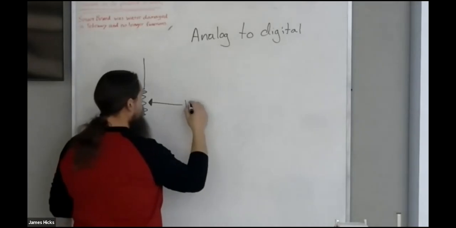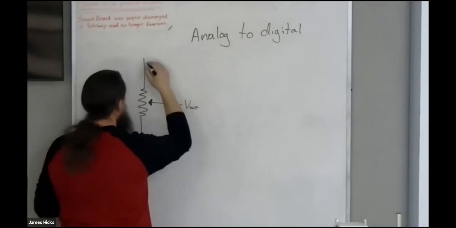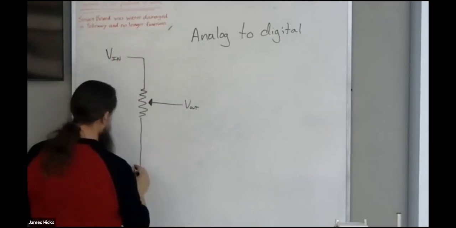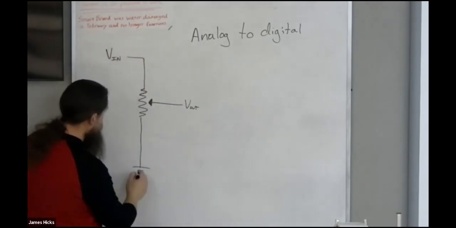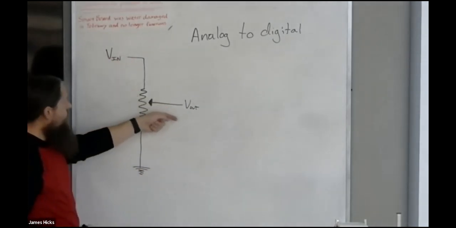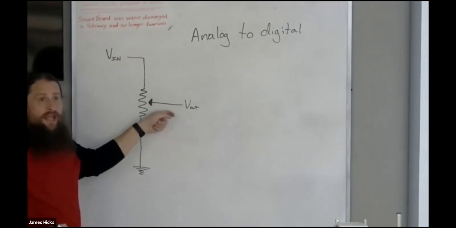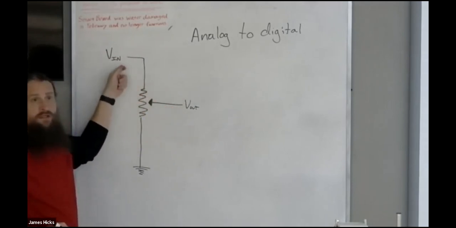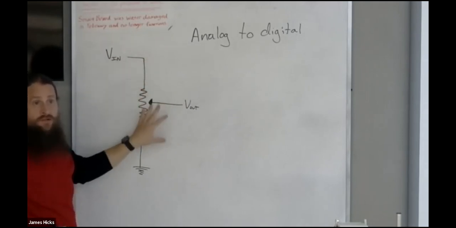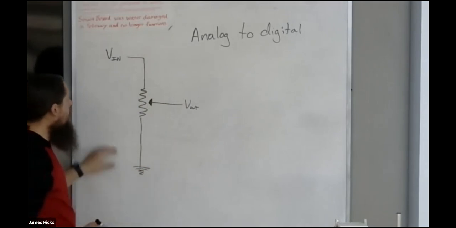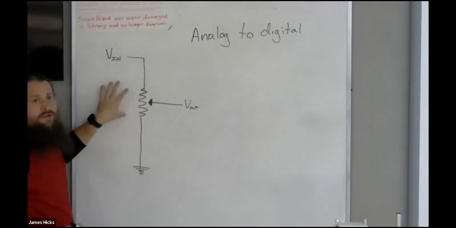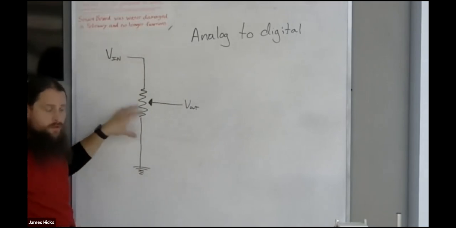So there's V in there, and my V out can be any fraction of V in, continuously variable. That's an analog system. What would a digitized version of a potentiometer look like?